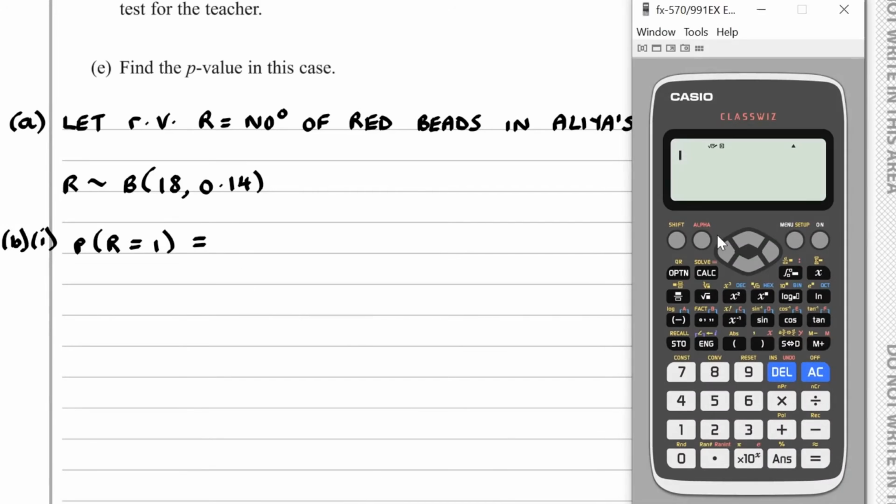If we go to our calculator, to the distribution submenu, we have binomial PD. X is 1, N is 18, and P is 0.14. So it turns out I get 0.1940, etc.